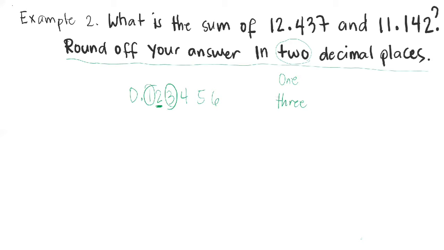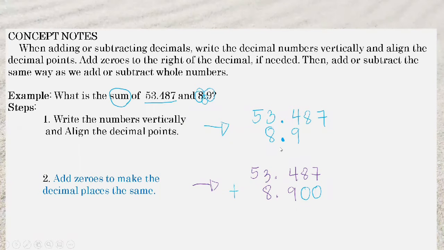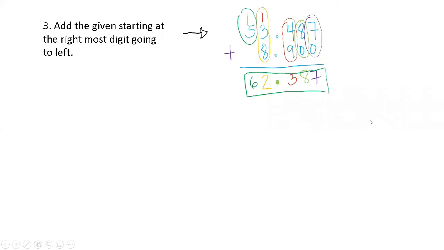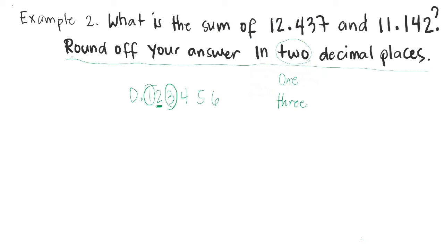If wala naman tayong nakita na we need to round off our answer, katulad ng ating example number 1, ang kinukuha lang natin is sum, therefore no need to round off our answer. But since in our example number 2, we are asked to round off our answer in 2 decimal places, then after natin makuha yung sum, we need to round off our answer. So now let's have our example number 2.